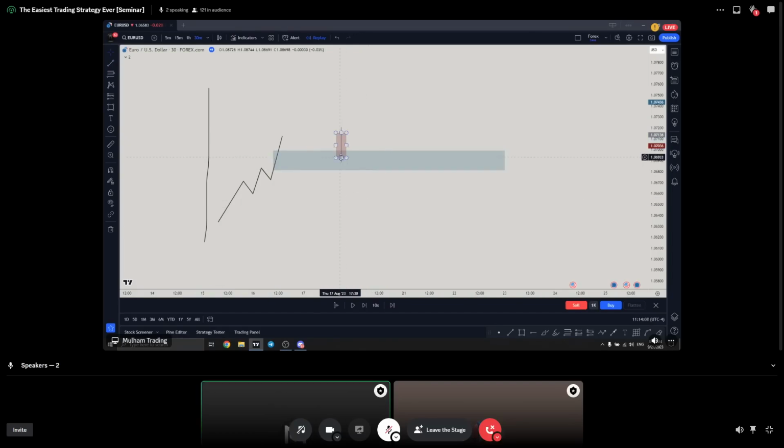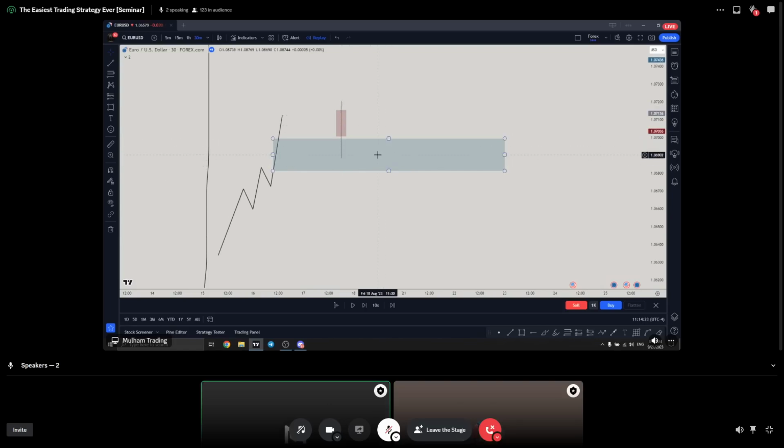I really prefer candles like this, just with a wick. Not a very big wick that makes the stop loss huge, but just a candle where you have a nice rejection, and then it closed above. This is a bullish fair value gap. Then my entry is going to be at the close of the candle right here.